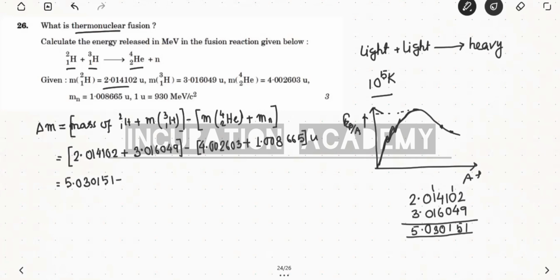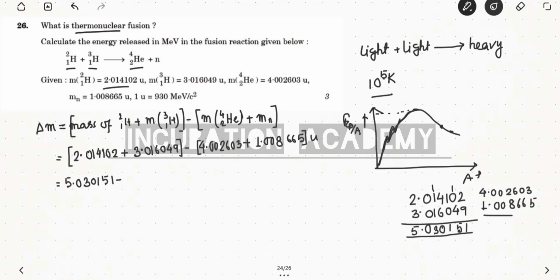The next thing is 4.0020603 plus 1.0086665.